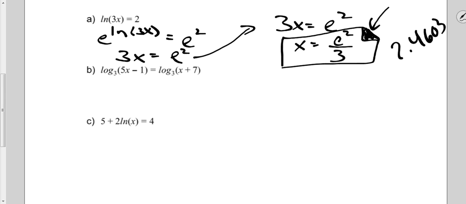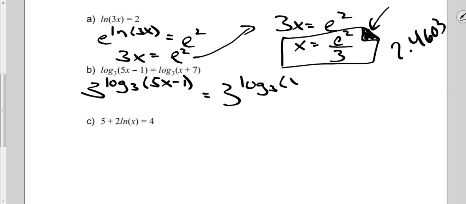And that gets me right back to 5x minus 1 equals x plus 7, right? So then 5x minus 1 equals x plus 7, and that's algebra 1.